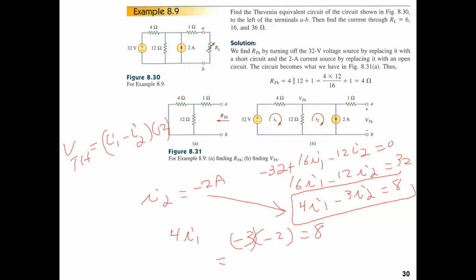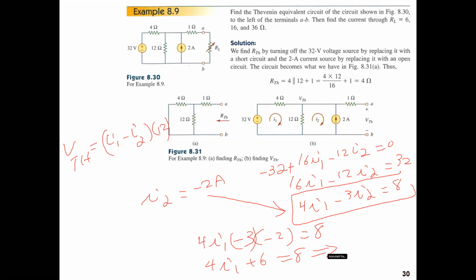So it will be 4 I1 minus 3, and then multiplied by I2. I2 is minus 2. So it will be 4 I1 plus 6 equal 8.